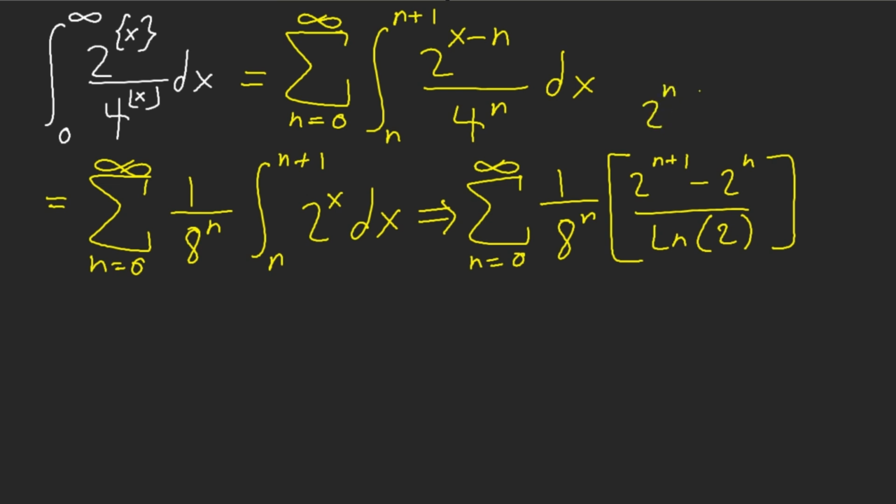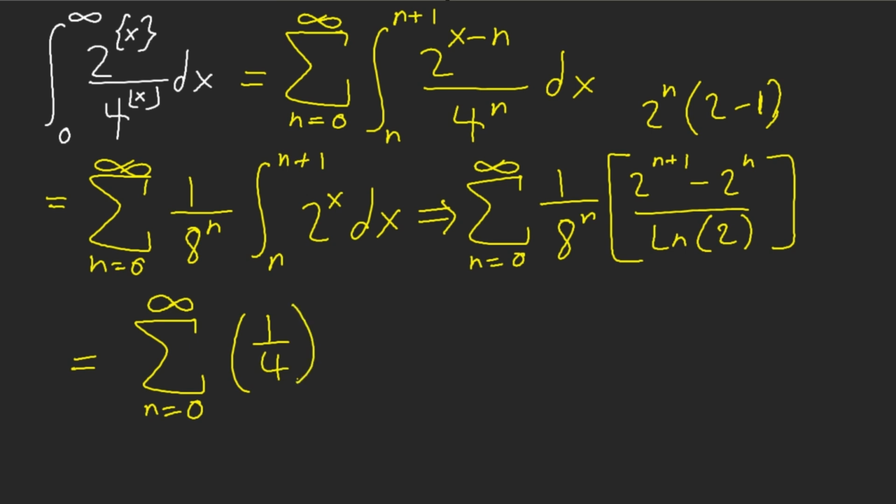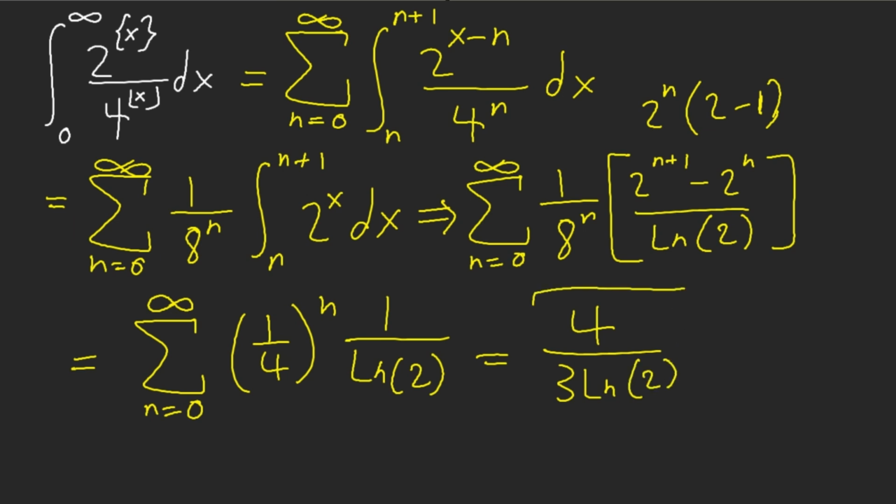Factor 2 to the n, 2 minus 1. Oh, wow. Okay, well this is awesome. See, it cancels out very nicely. So now we're left with 1 over 4 to the n, with 1 over ln of 2. So this is the geometric series. Our answer should just be 4/3 divided by ln of 2. So this should be our answer.